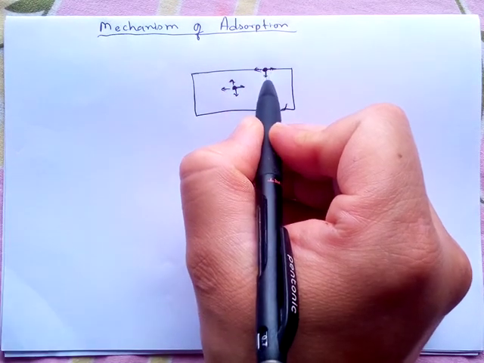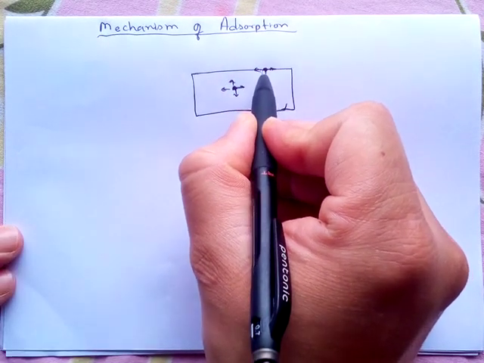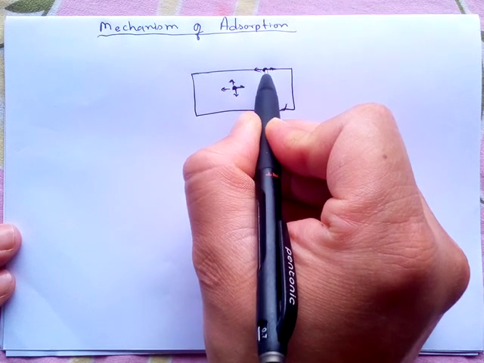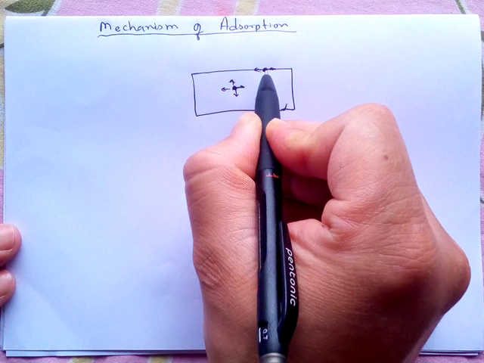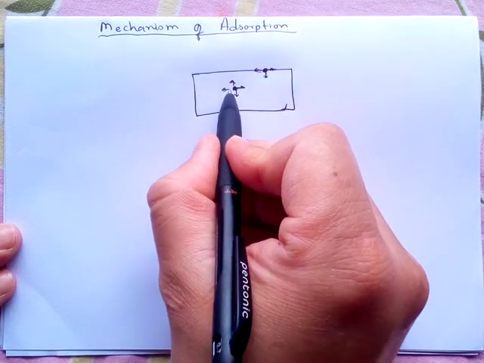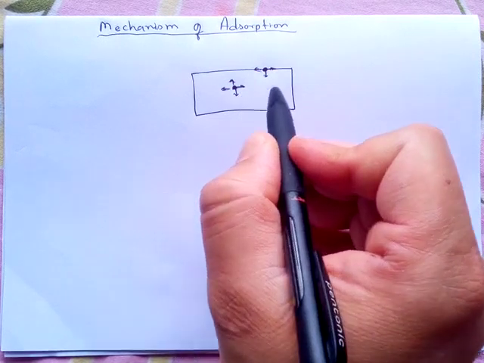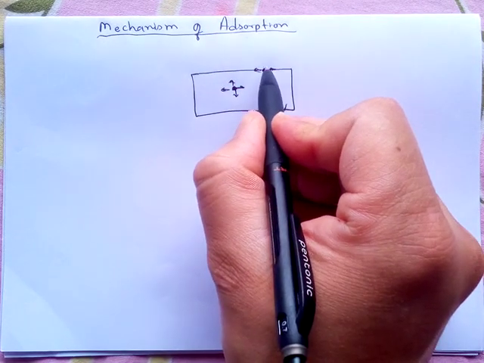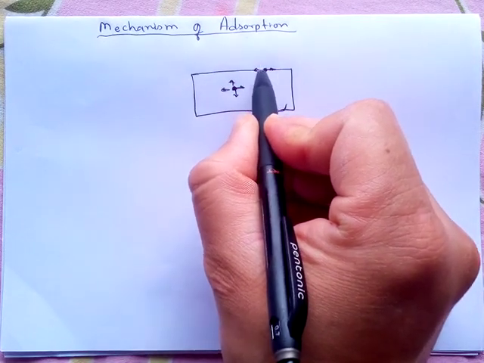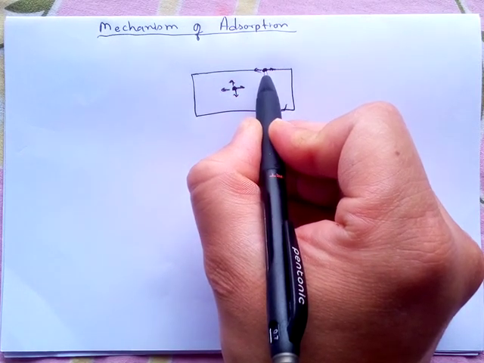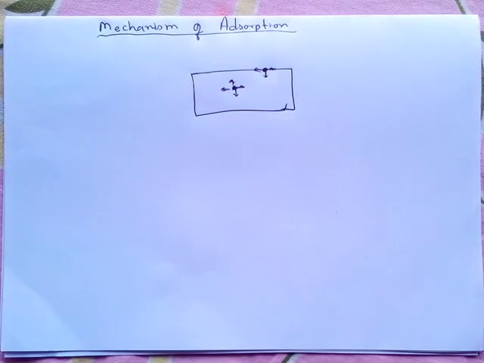So we can assume that the particles at the surface are in some unrest form, so they have some surface energy, whereas the bulk particles are equally attracted from all the sides, so they are at equilibrium. But here there is no particle present above the surface, so they are in a state of unrest.